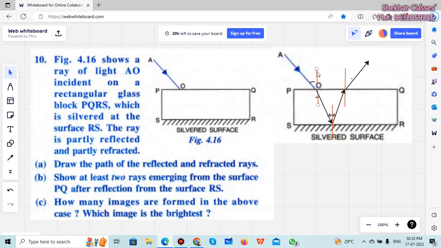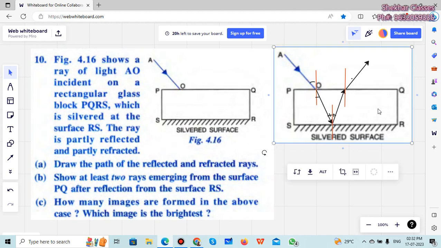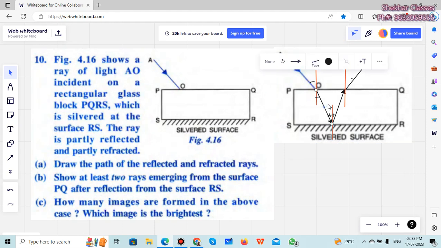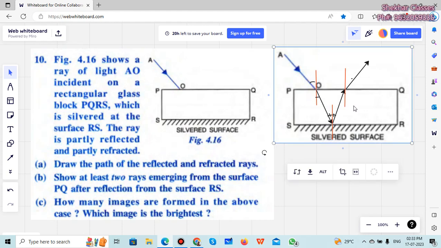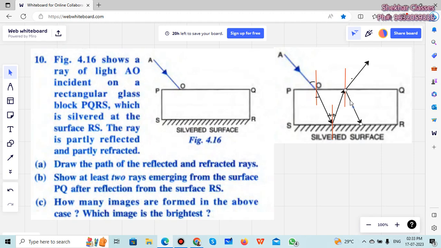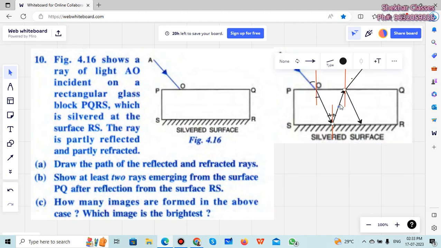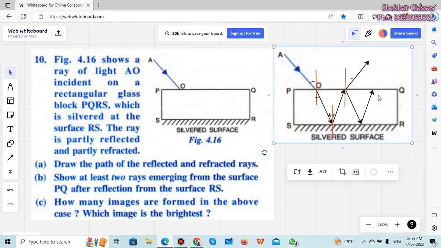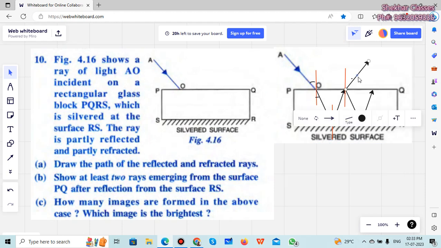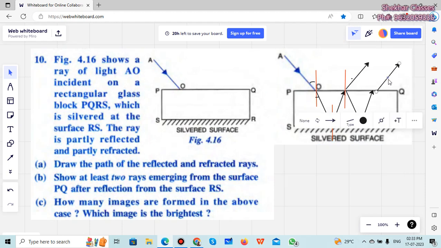Fine. The same thing has to be drawn here again. So I'll put another one, copy it and paste it here. Some of the ray will come here, fine, and some will go there, right? I have to draw the normal again, and this will come out here.